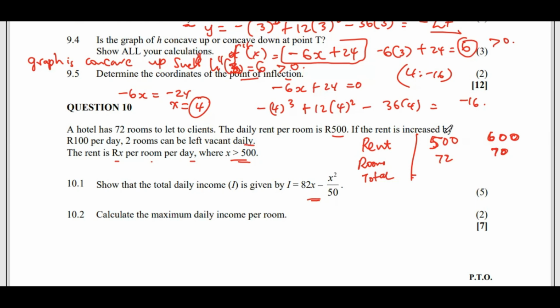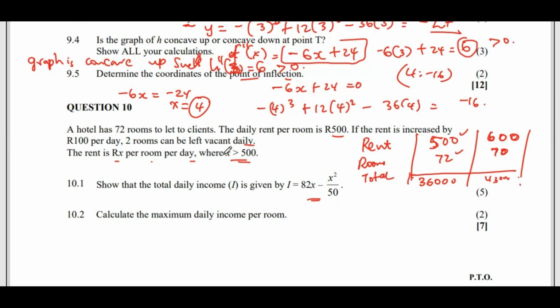Let's see what we have. Originally, if we have 500 and all rooms are rented out, it would give us 36,000. And if it is 600 and only 2 rooms are left empty, we could have 42,000. So how do we now work this out?